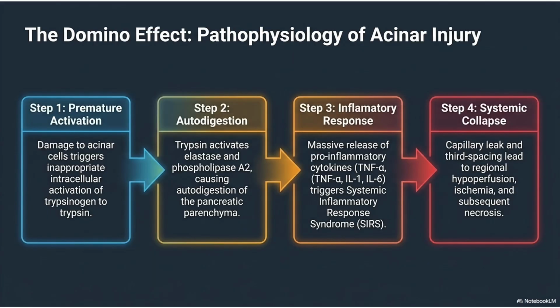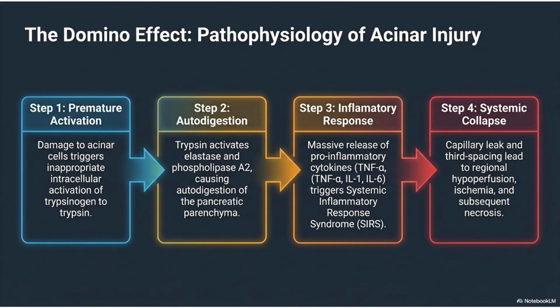The domino effect. This explains the pathophysiology in sequence, what exactly happens. So you have step 1, premature activation. The damage to the acinar cells triggers inappropriate intracellular activation of trypsinogen to trypsin. So that's going to start degrading the pancreatic tissue. That's where the autodigestion begins, step 2.